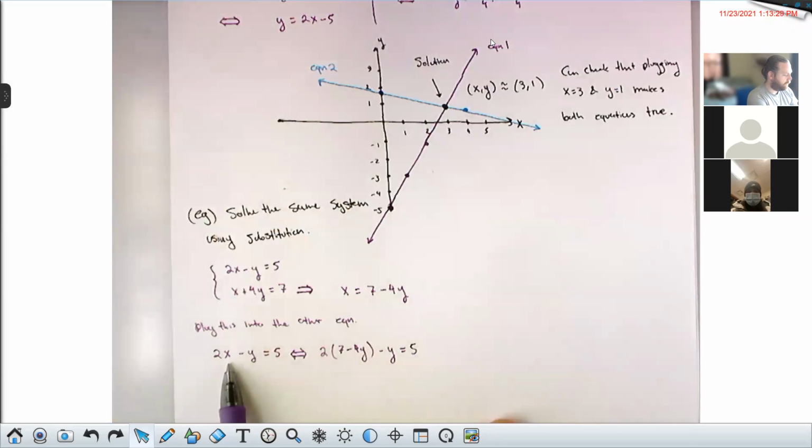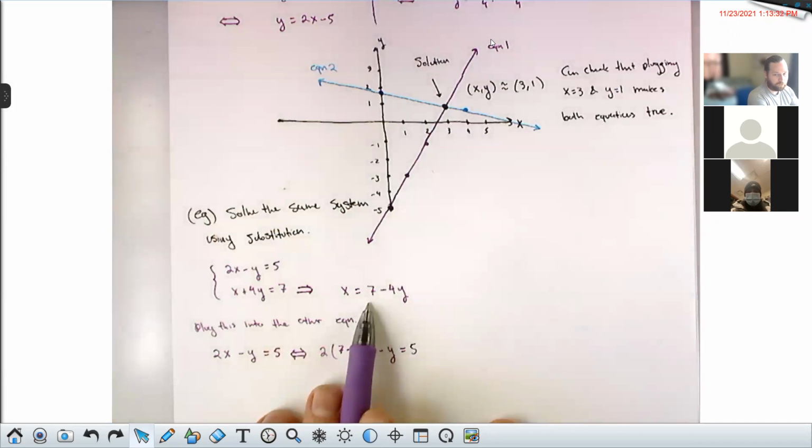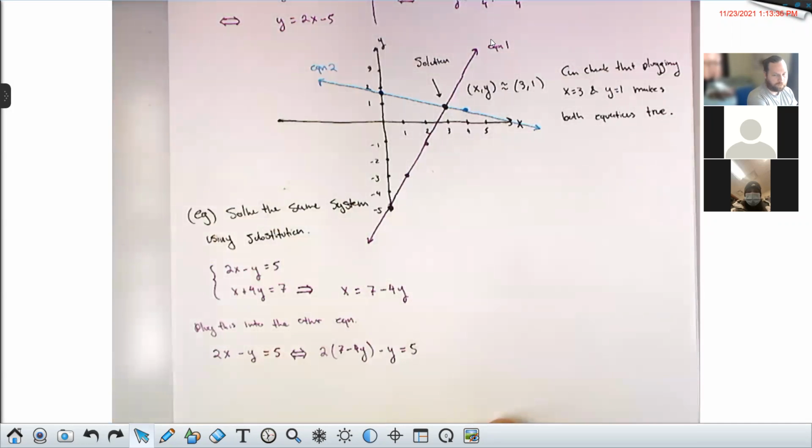So in place of this x, I'm going to write this expression, which I know is supposed to be equal to x. It's important that you put these parentheses here because this 2 is attached to this x, which means it's attached to this whole thing.